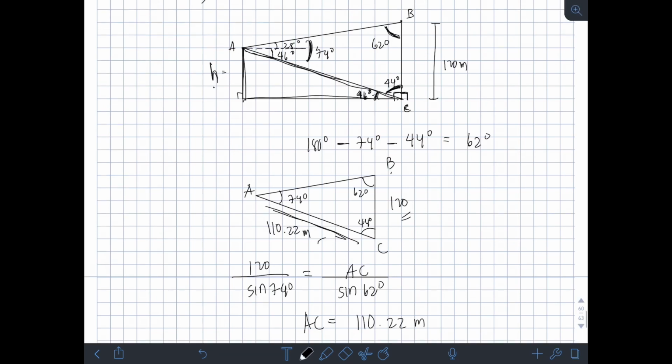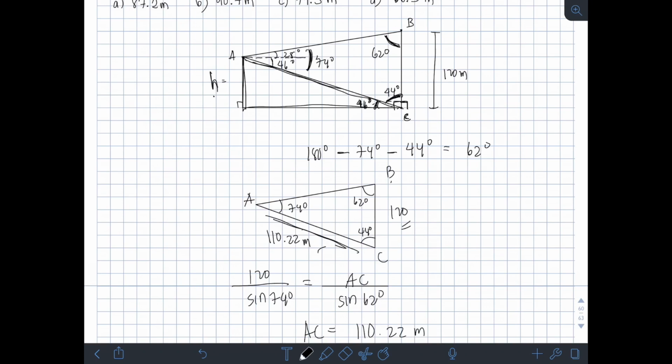So, referring ngayon dito sa right triangle, so ito is 110.22, right? Yung hypotenuse. Paano natin masasolve si H? Using what? Trigonometric ratio. Relating yung opposite sa 46 degree tsaka hypotenuse. Sine, right? So, sine 46 degree is equal, yung opposite sa kanya is H over hypotenuse na 110.22.